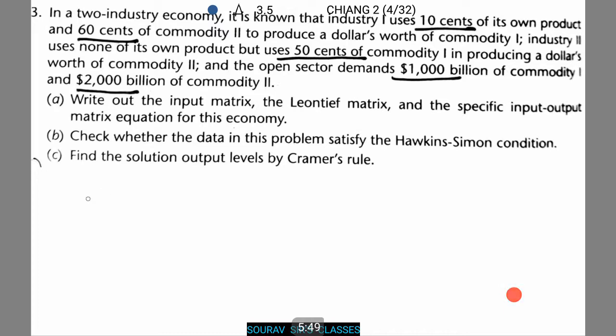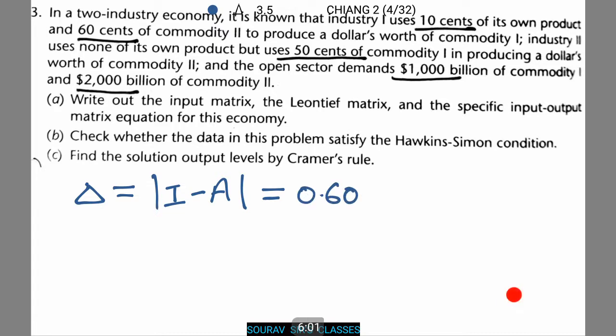For Cramer's rule, first we find delta, which is the modulus of the Leontief matrix I minus A, that is 0.6 upon calculation. You can do it on your own or refer to our video on Cramer's rule.